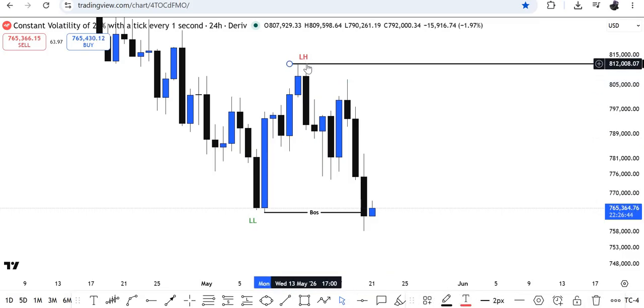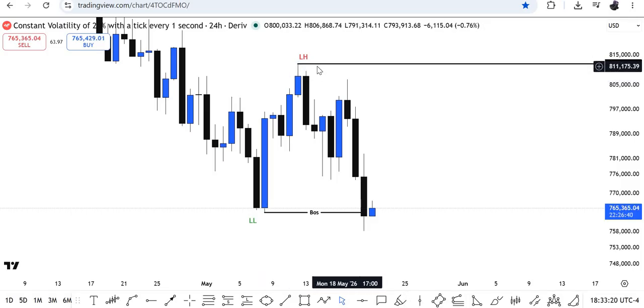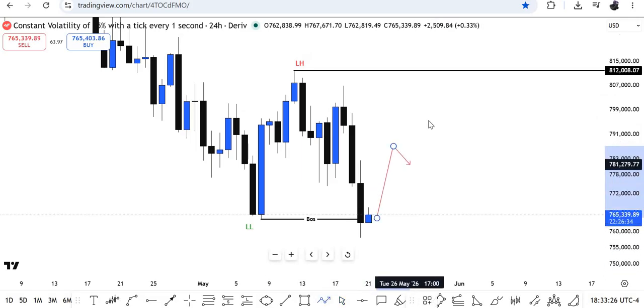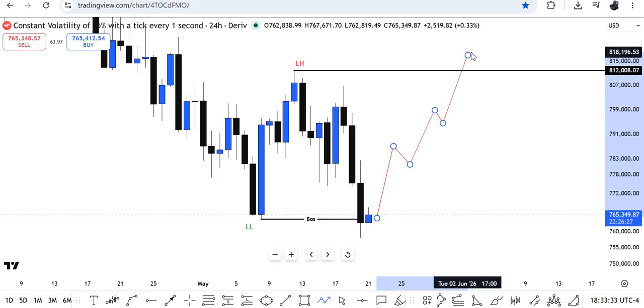So if price should remain bearish, it needs to stay below this line. So if we have something like this and price travels up and breaks and closes above this line, we are no longer bearish on the daily time frame, we are now bullish.